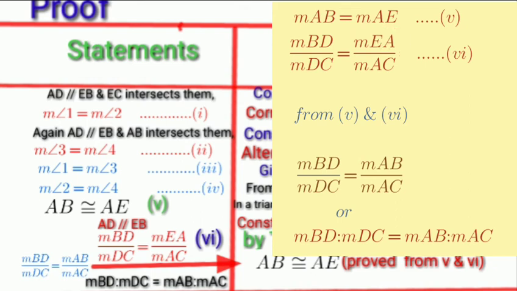The equation measure BD over measure DC is equal to measure AB over measure AC is formed. It can also be written as measure BD ratio measure DC is equal to measure AB ratio measure AC, which is the proof of this theorem.